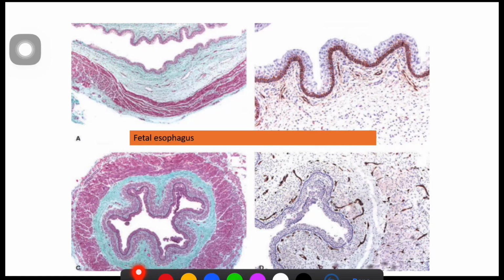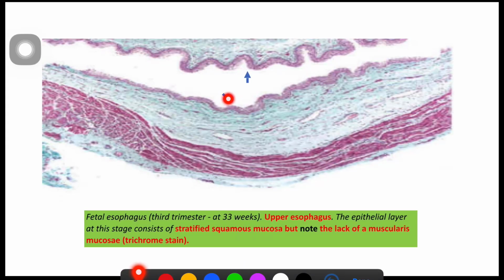So let's see these stained sections of fetal esophagus one by one. Here you can identify the mucosal layer showing epithelium. This is a section from the upper esophagus. Here in the upper esophagus you can see the muscularis propria. So muscularis propria is present, but beneath this epithelium there is another layer called muscularis mucosae, which is absent here.